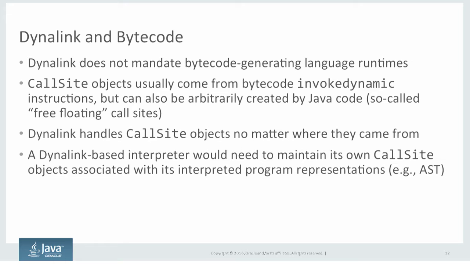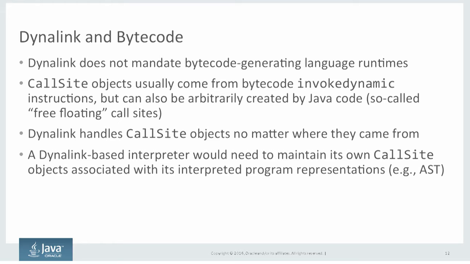Bytecode. It's not necessary to use Dynalink in an environment where everything is about bytecode generation. What Dynalink returns as a result of a link operation is a call site, and so they can serve as call site abstractions in language implementations of any kind.